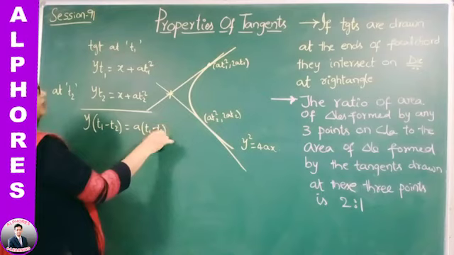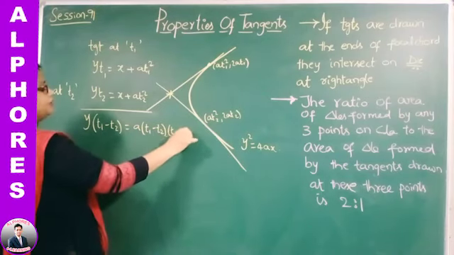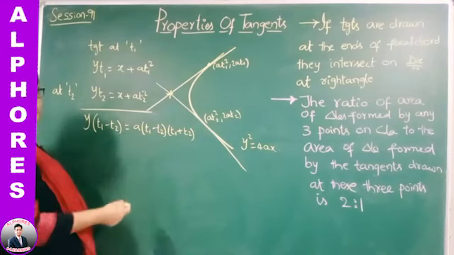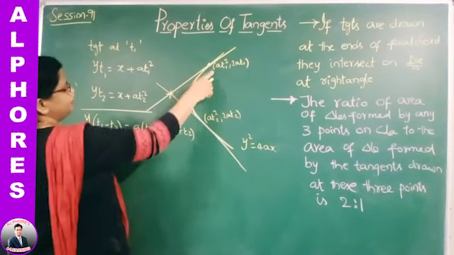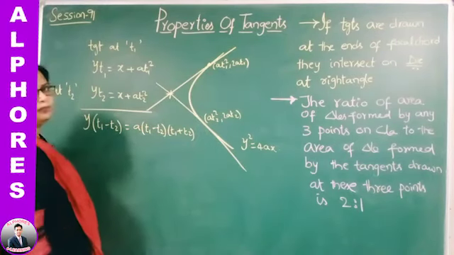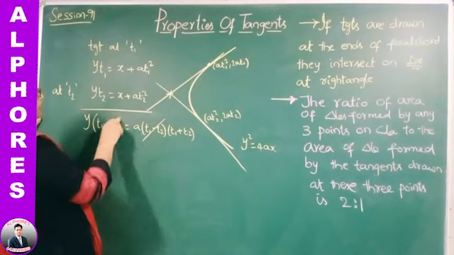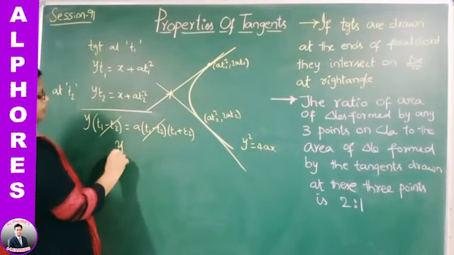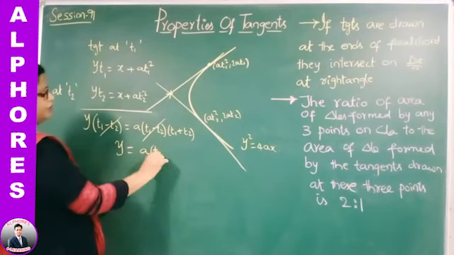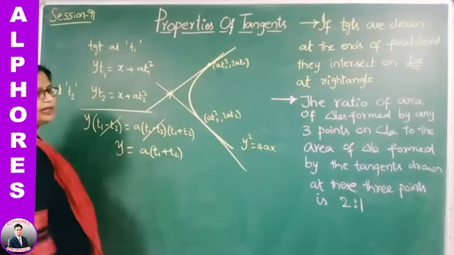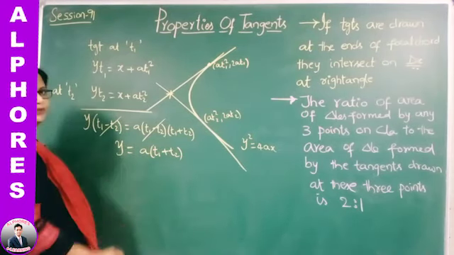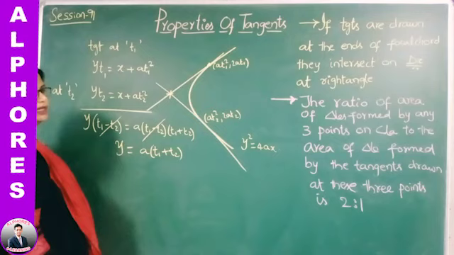So (t1 minus t2) into (t1 plus t2). As t1 is not equal to t2, because we have taken these two as different points, we can cancel this. This implies our y value is a into (t1 plus t2), right? And once you have the y value, what about the x coordinate?